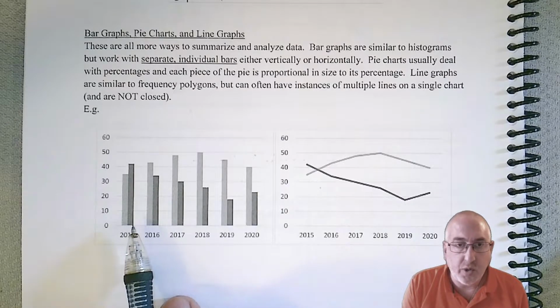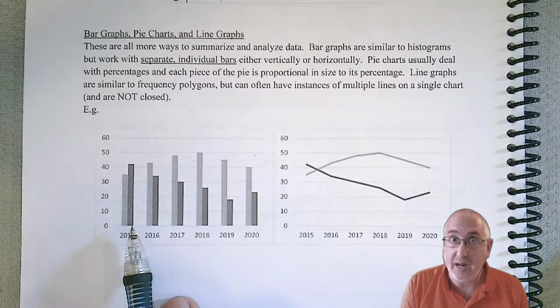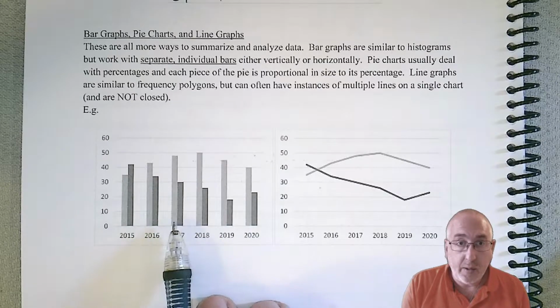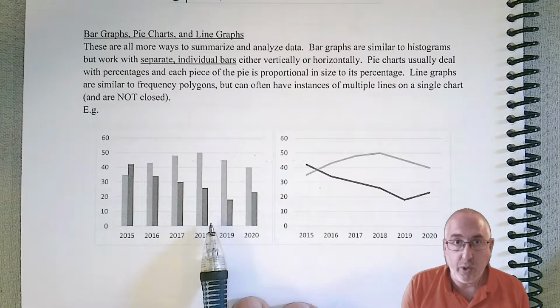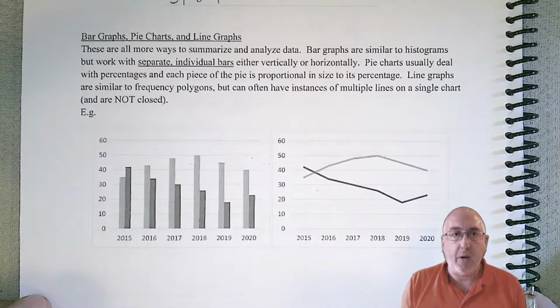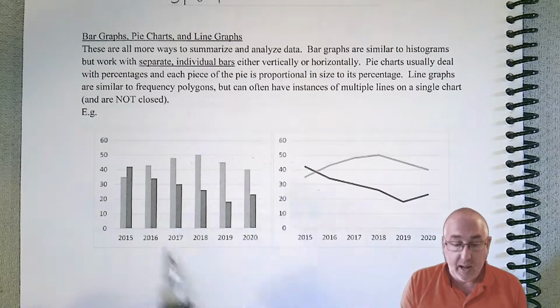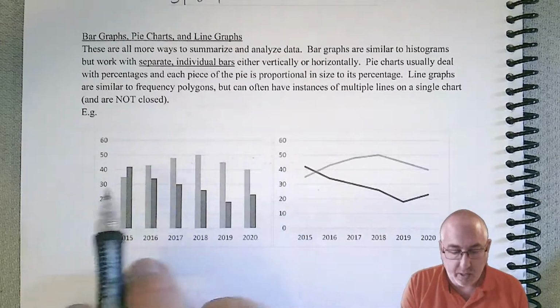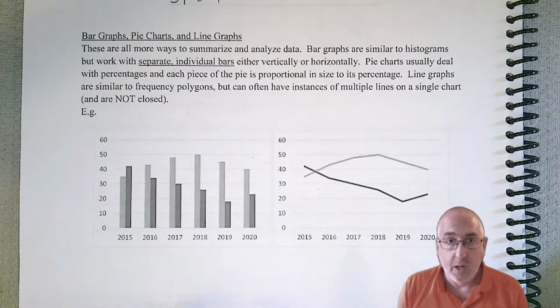Sometimes the bars touch when there are multiple data sets being described on the same diagram, but there are also those spaces in between. So that's a major difference between bar graphs and histograms. And likewise, bar graphs can work horizontally too, so the bars might look totally different.